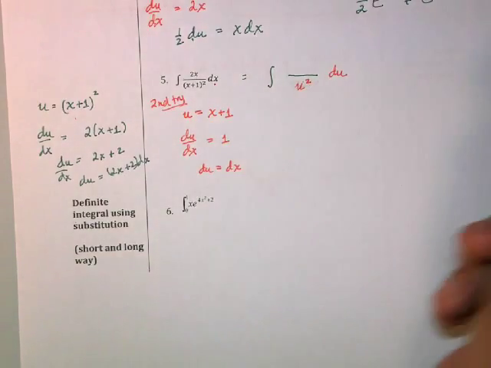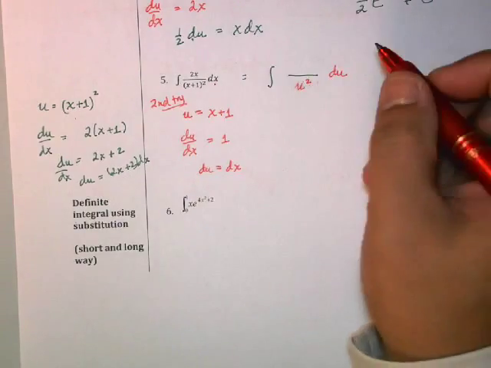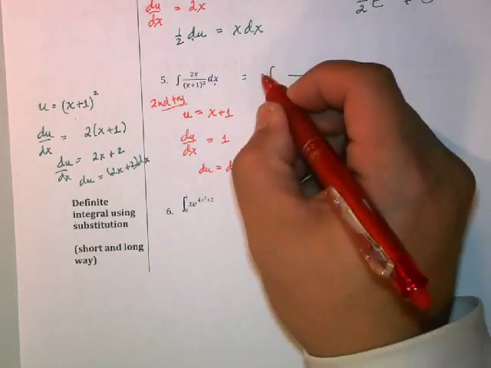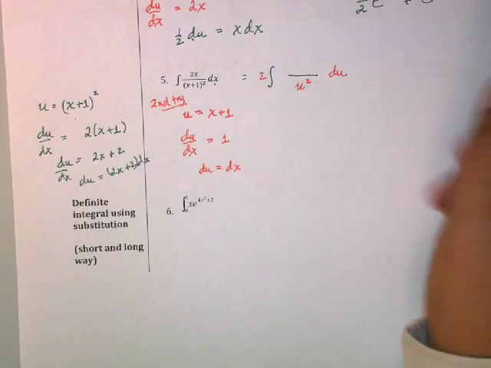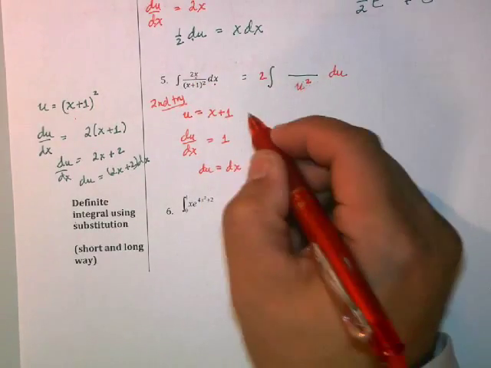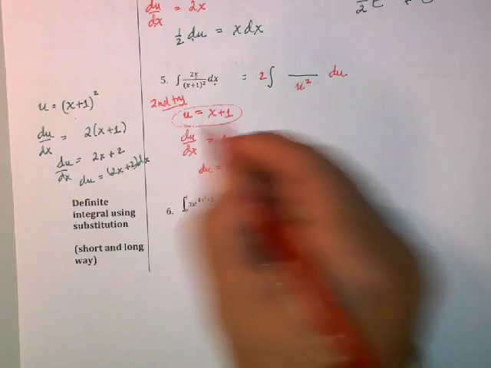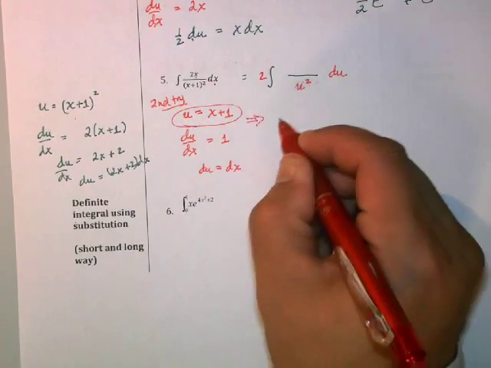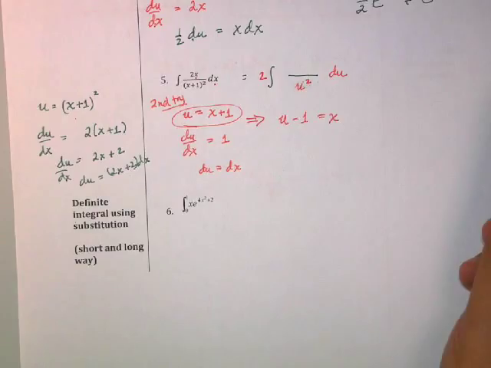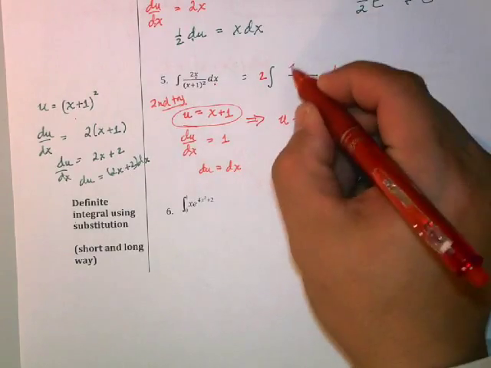Now the numerator is, well, let's see, I can pull out the 2. I can get the 2 out of there, so that's not too difficult. Now I need to replace this x. Well, if we use this part right here, you see that u minus 1 is equal to x.